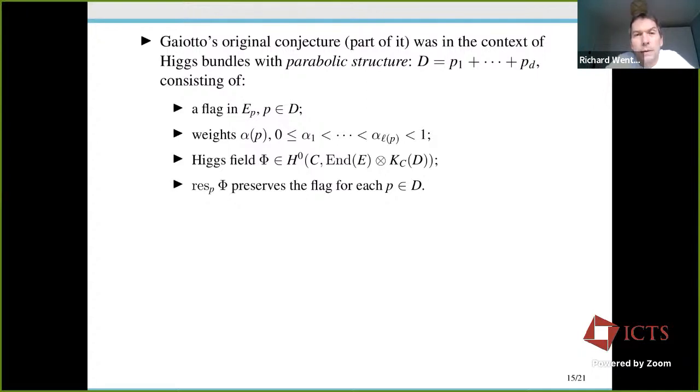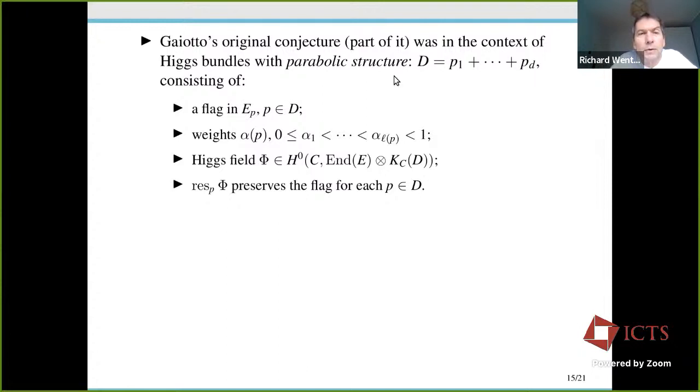So this is a little briefer on parabolic Higgs bundles. So what is a parabolic structure? Unfortunately, I'm using D now for divisor, whereas it was a flat connection before. Sorry about that. So this is just a reduced effective divisor on the Riemann surface, namely a collection of distinct points.